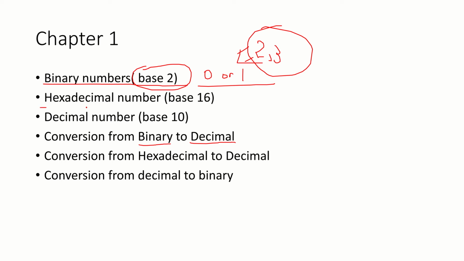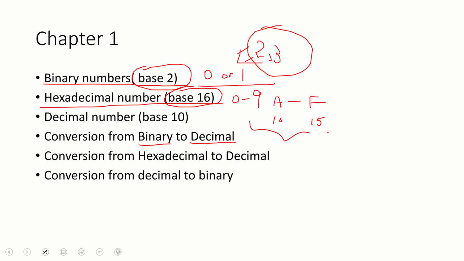Another one is hexadecimal. Hexadecimal is base 16. A hexadecimal number includes 0 to 9 and A to F. Basically, A is 10 and F is 15, so in total you get 16 symbols.